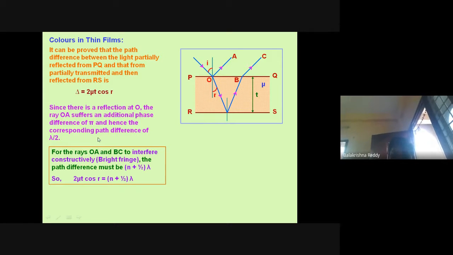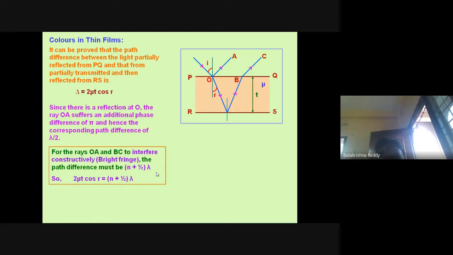With respect to the fringes, if you see OA and BC, these are the two paths of light rays in the diagram. If these two waves interfere constructively, what happens? Since they have changed their path, the path difference must be n plus 1 by 2 into lambda.